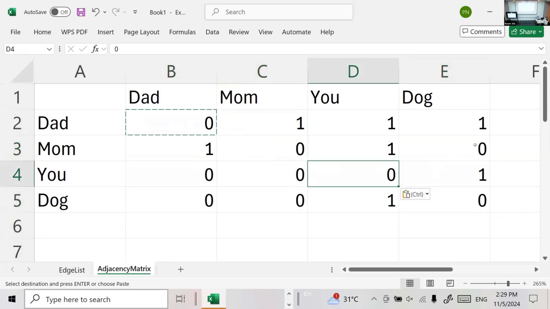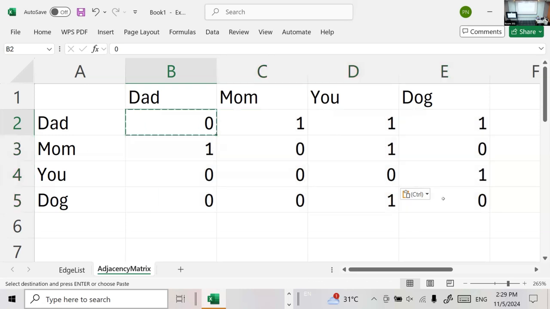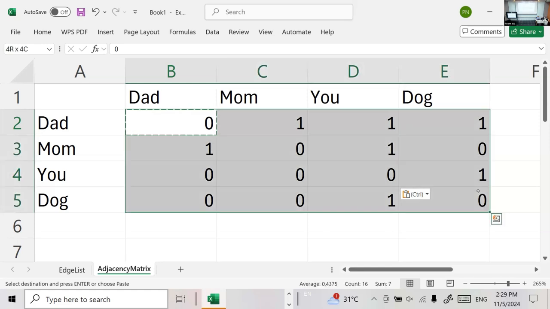So what I'm trying to say is this one is not efficient. It's always n squared. Okay. However, for analysis, this is very good because now you have essentially what? A matrix.